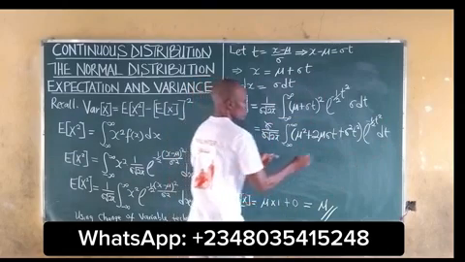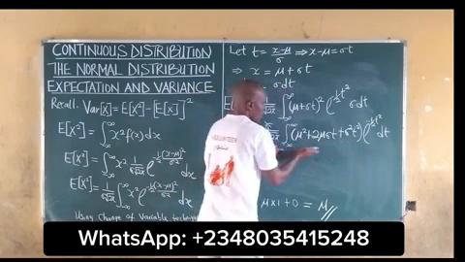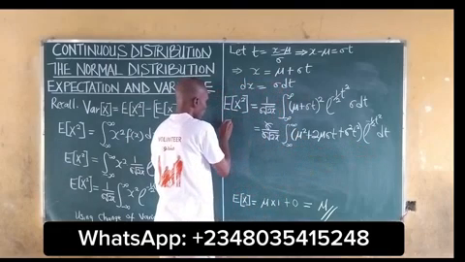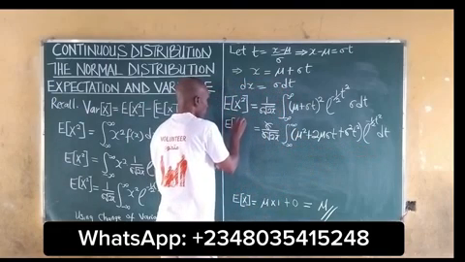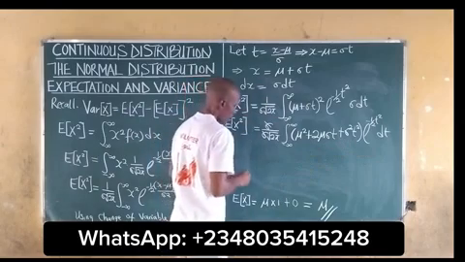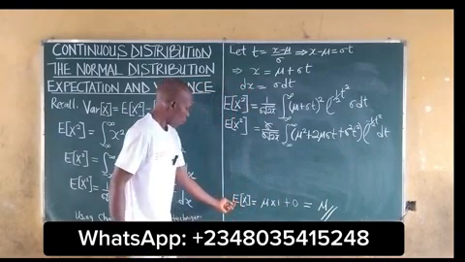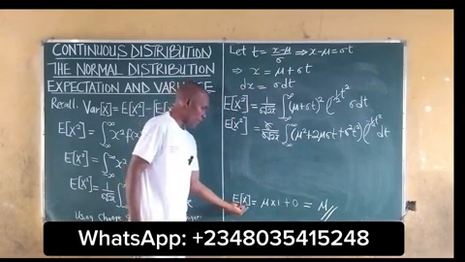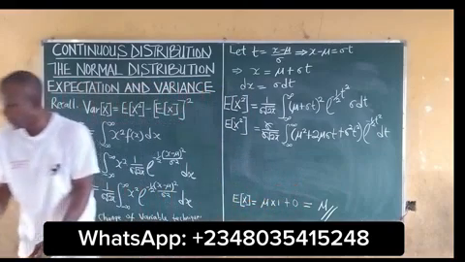The next thing to do, we now bring the whole of this together. Of course, this is our expected value of x squared. So I'll delete this. Already we note that the expected value of x is mu. So I'll delete that.